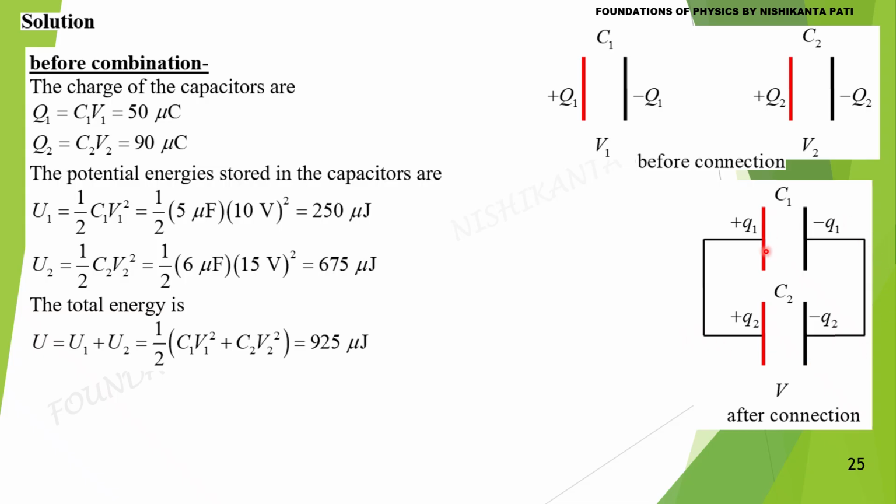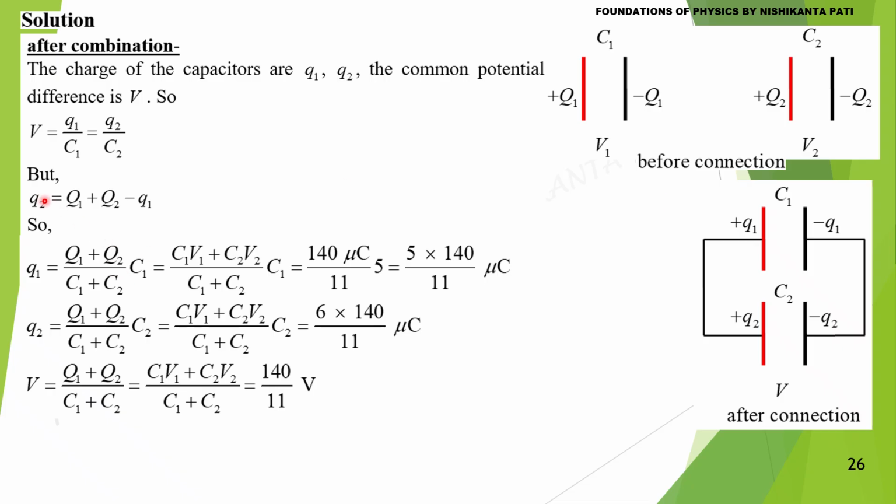Now the charge distribution will be different from the earlier charge distribution. Let here the charge is Q1, here the charge is Q2, so Q2 is Q1 plus Q2 minus Q1. In this combination, if V is potential difference across first capacitor, V is also potential difference across second capacitor.